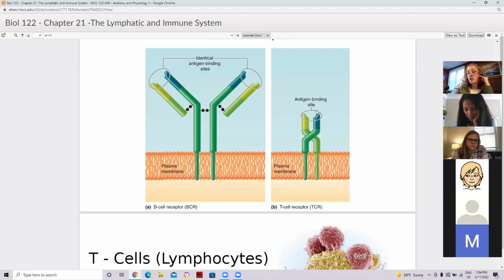So you could take a picture of this, or take a picture from the internet of a TCR, T cell receptor, and say that this is the part that would bind to the CD19, because that's the antigen for this CAR receptor that we're talking about.